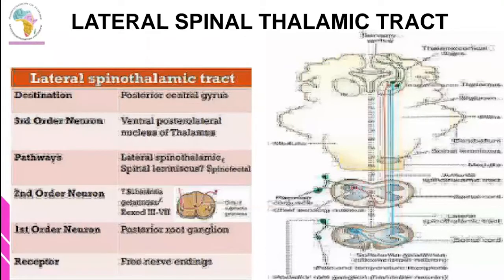Then we'll talk about the anterolateral spinothalamic tracts, and we'll first talk about the lateral spinothalamic tract. So we see that the lateral spinothalamic tract tends to carry pain and temperature sensations, whereas the anterior spinothalamic tract tends to carry sensations of crude touch and pressure.